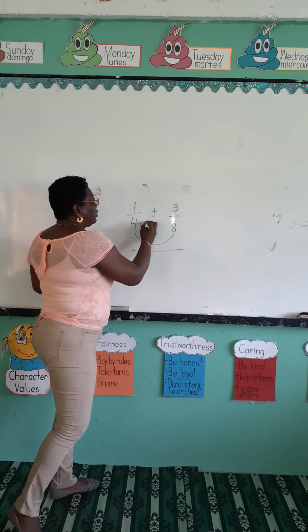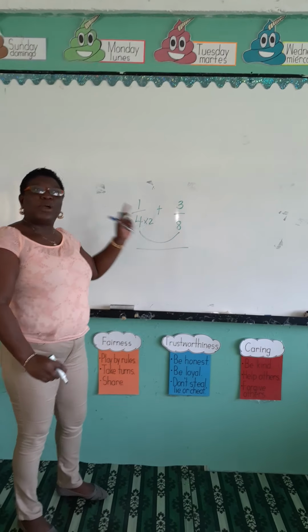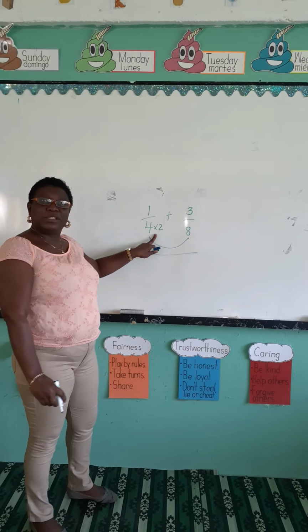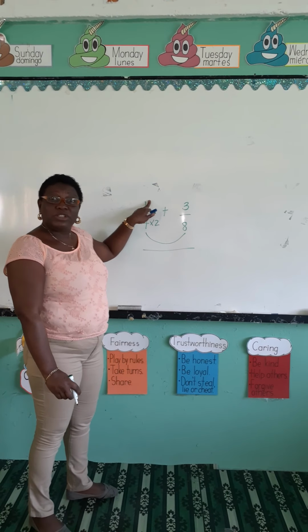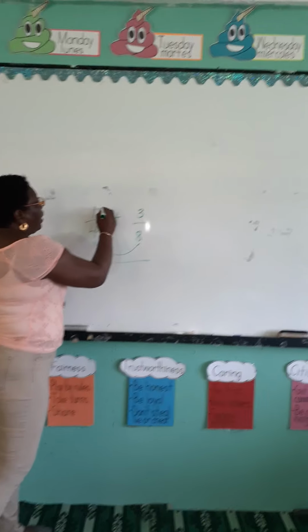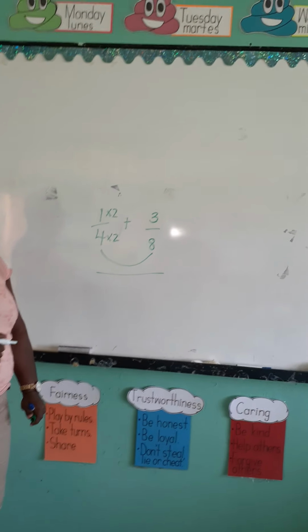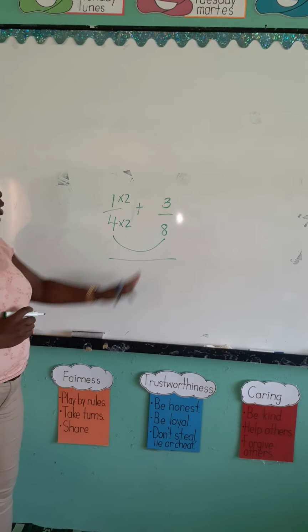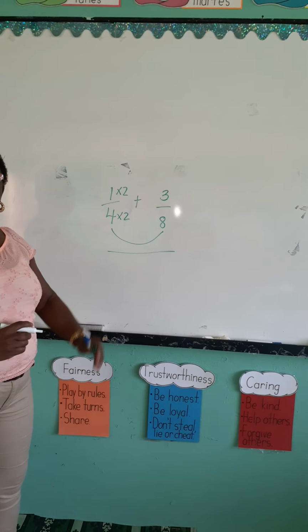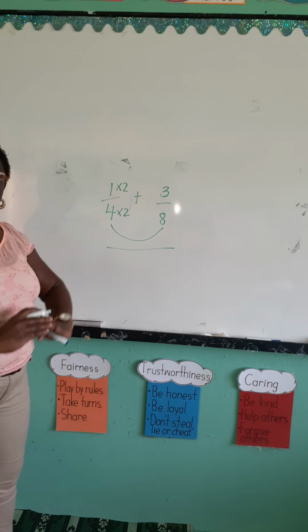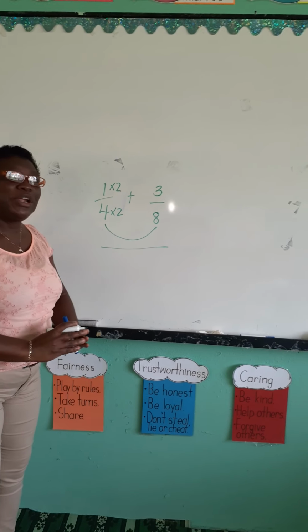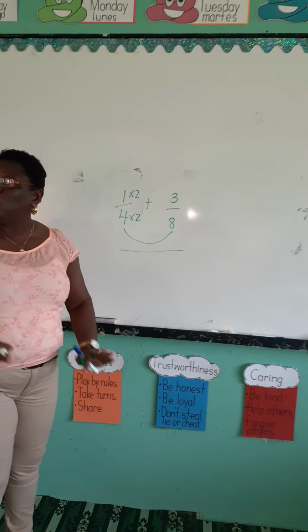2. So we multiply by 2, and whatever we multiply our denominator by, we multiply the numerator also. So we multiply the 1 by 2. Now we will have the same denominator, because we want the denominators to be the same. When they're the same, it will be easier for you to add.